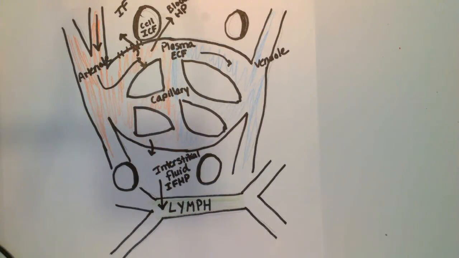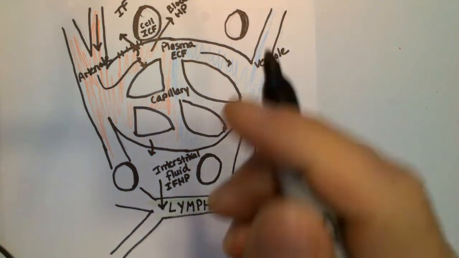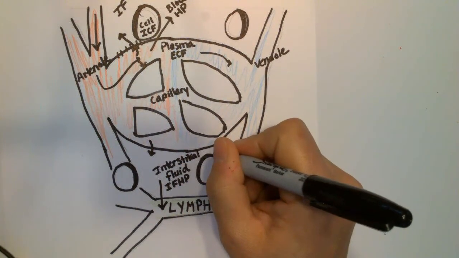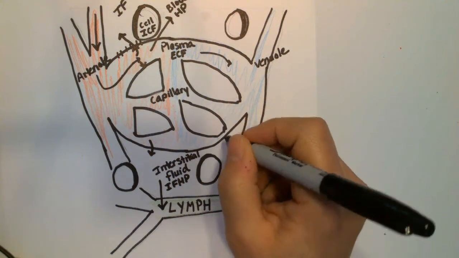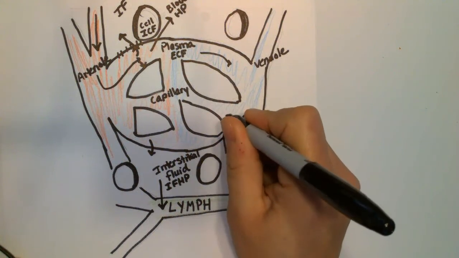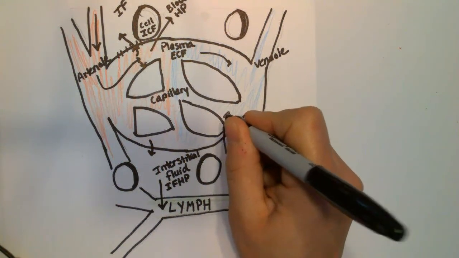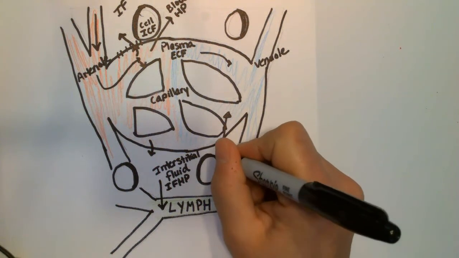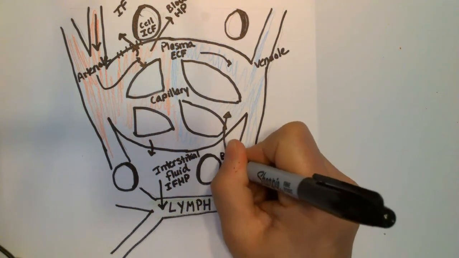So again, if we look at our diagram here, we'll start with blood colloid osmotic pressure. This is going to pull fluid from the interstitial fluid to the blood. So we're going to go in this direction and it will pull it into the venule end of the blood. So this would be BCOP, blood colloid osmotic pressure.